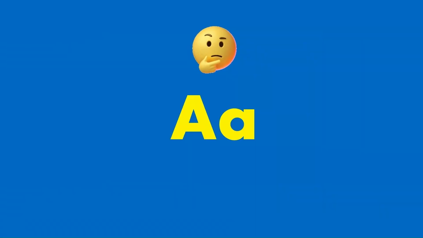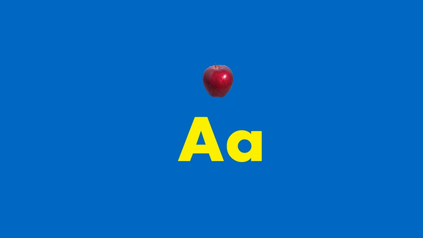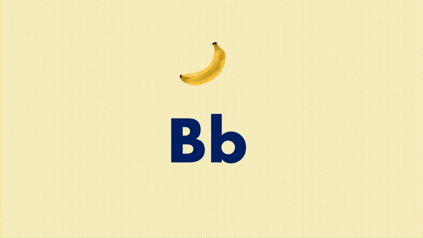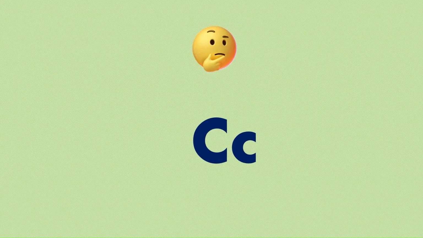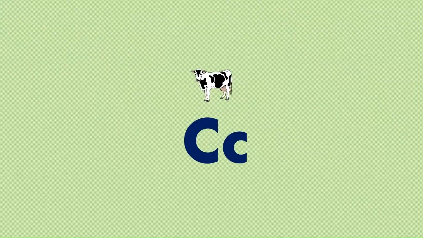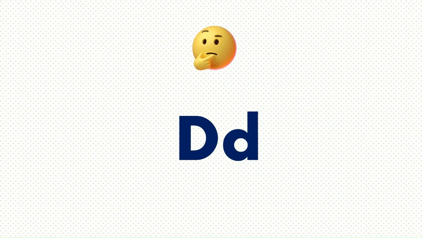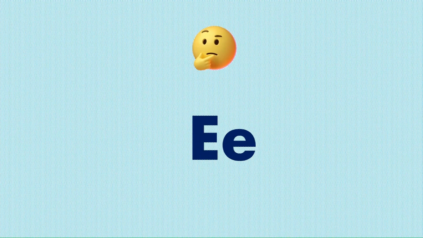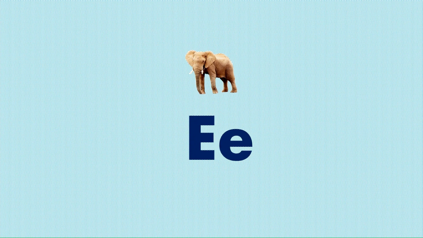What sound does this letter make? A. What sound does this letter make? B. What sound does this letter make? K. What sound does this letter make? D. What sound does this letter make? A. What sound does this letter make?